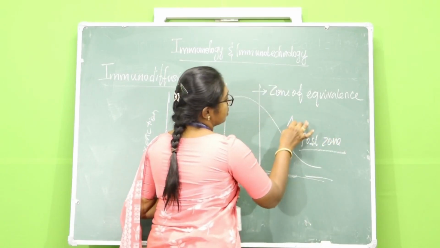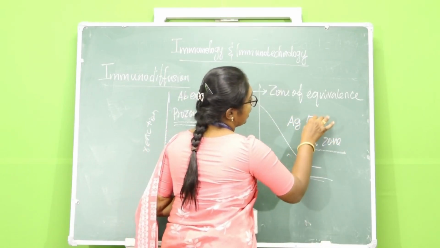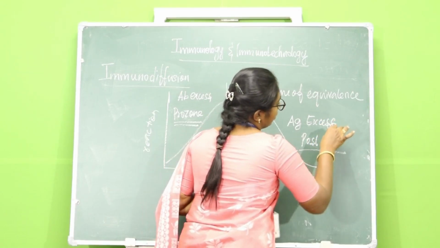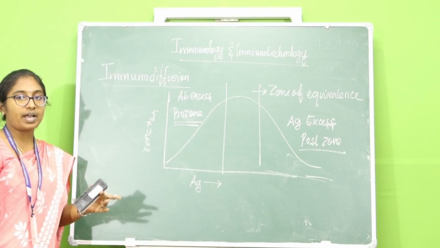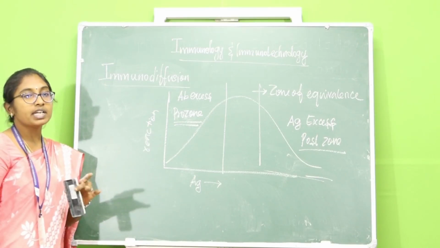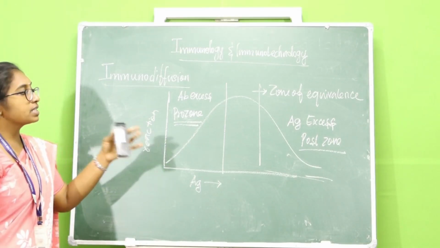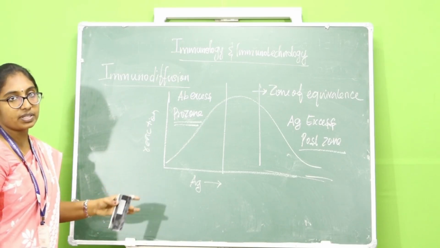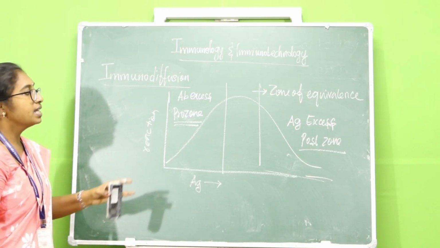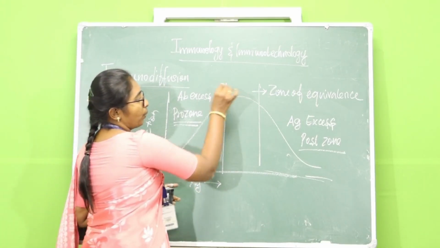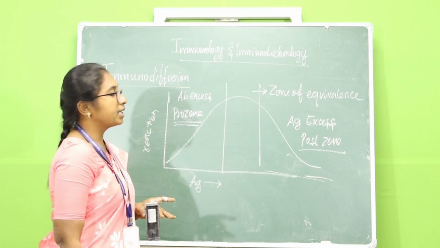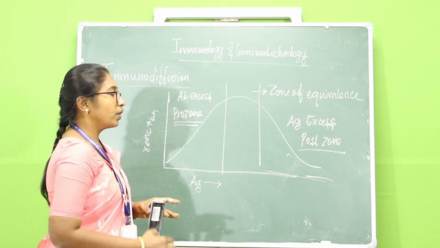Here there is an excess of antigen compared with the antibody. The antigens compete for the sites. If there is excess antigen compared with the antibody to form a complex, that zone we call the postzone. When there is only an optimal concentration of antigen and antibody, there is a formation of the zone of equivalence.